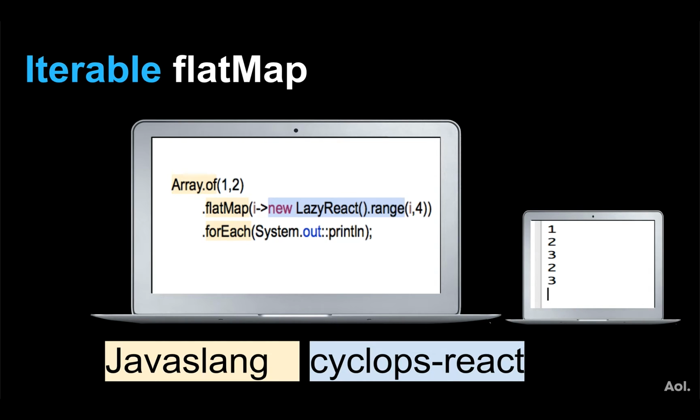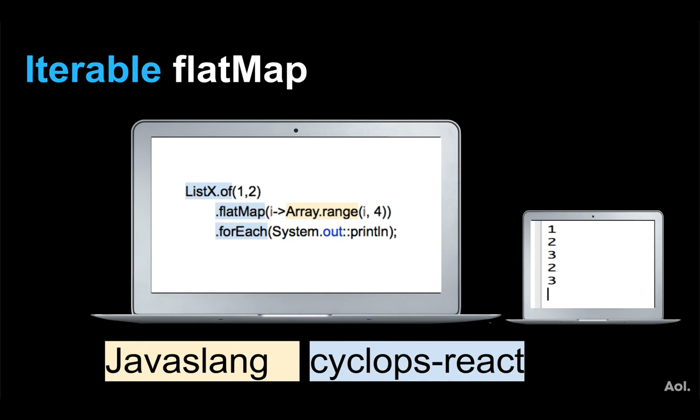So here we have a cyclops-react lazy future stream being returned as part of a flat map operation on a Javaslang array. And again, we would encourage you to also consider accepting iterable where appropriate within your API. So here in cyclops-react, we accept iterable in our API where appropriate, and now you can just drop in Javaslang types directly in there where appropriate too.